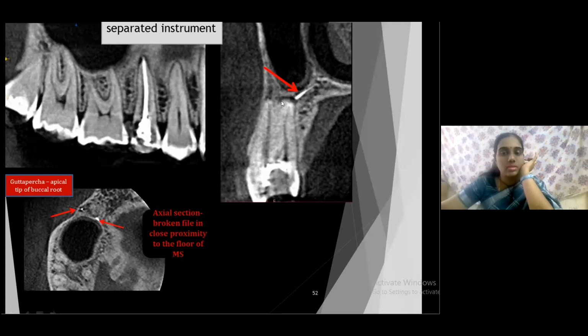This is a palatal side, this is a palatal root, and in this 2D radiograph it got overlapped, and we were not able to make out this instrument fracture. This is a broken file which we see in the axial section.